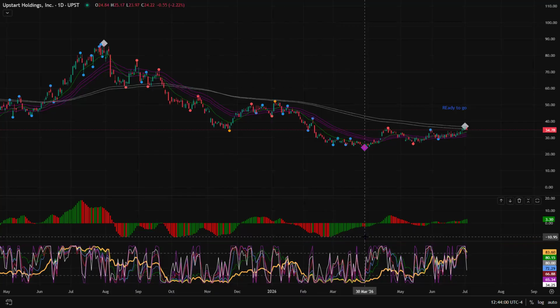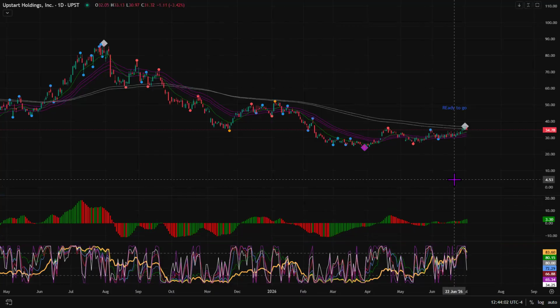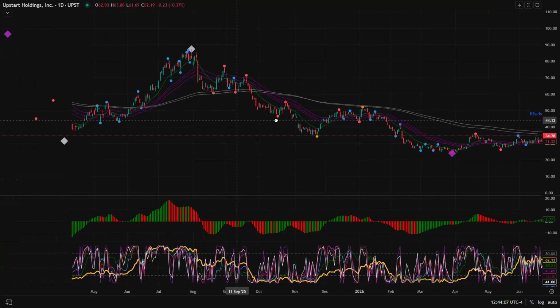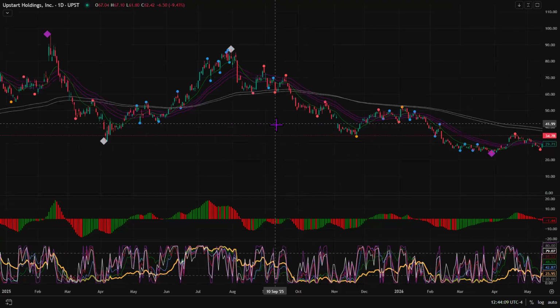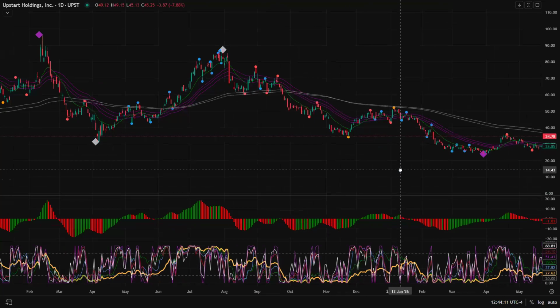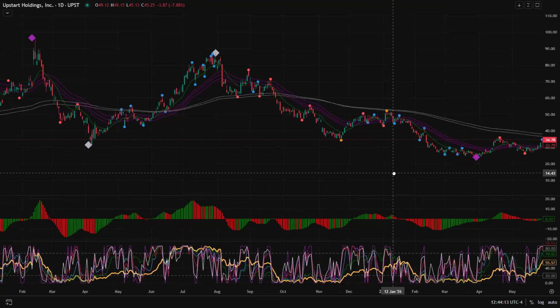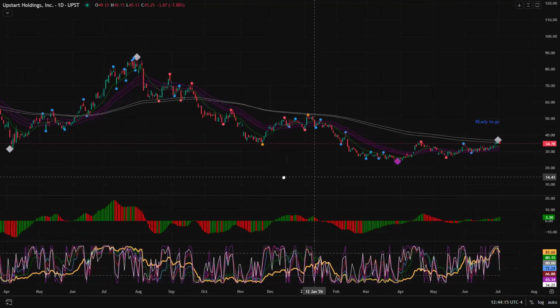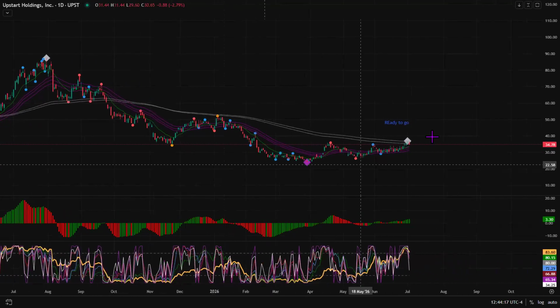Yeah, they're more or less the same. So we have to see, this has the potential to come down.